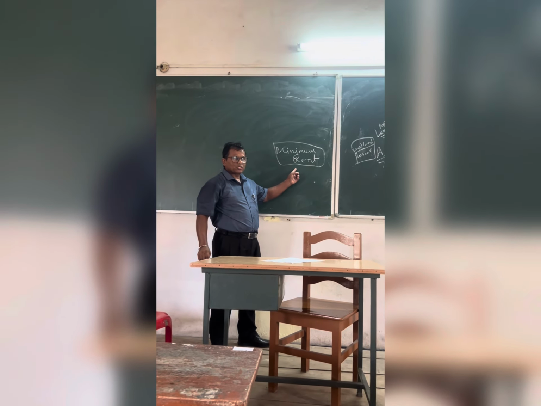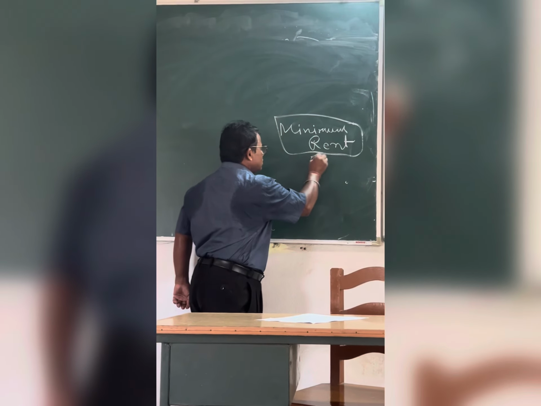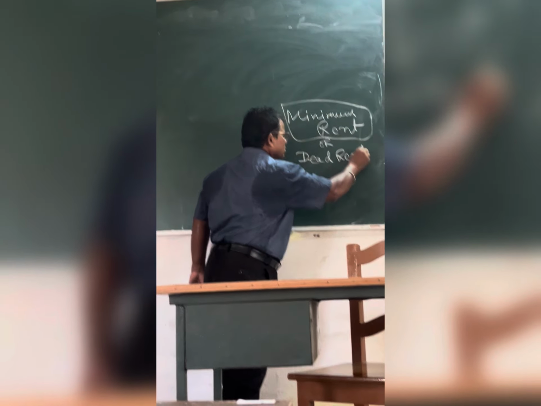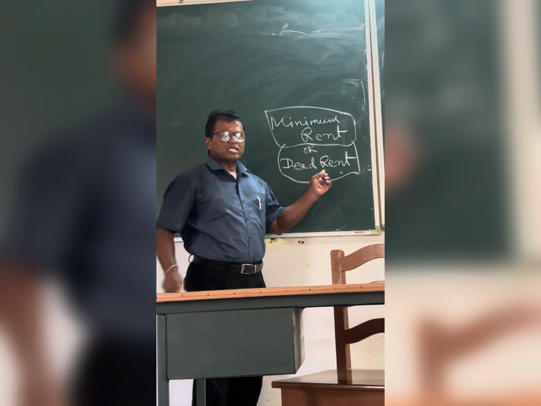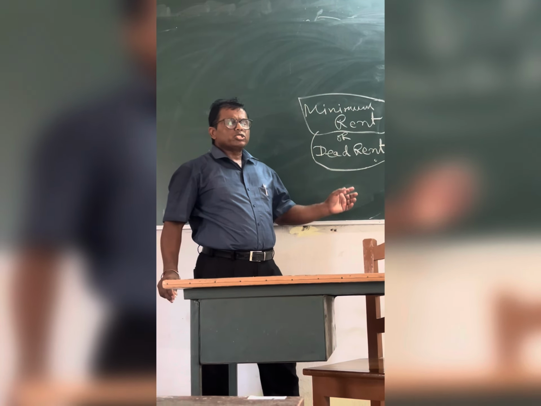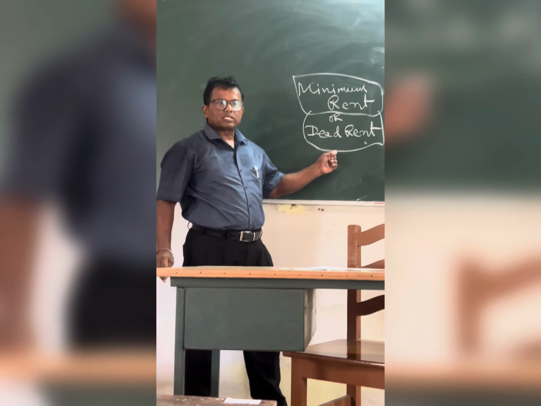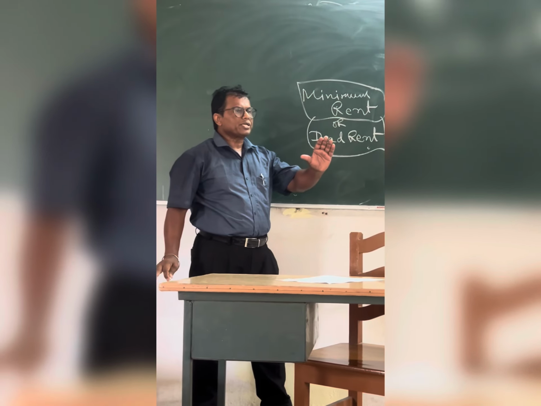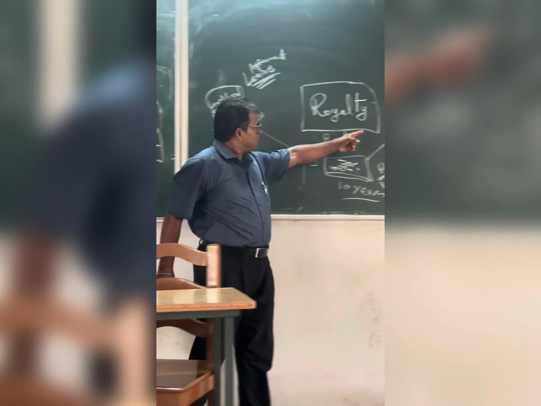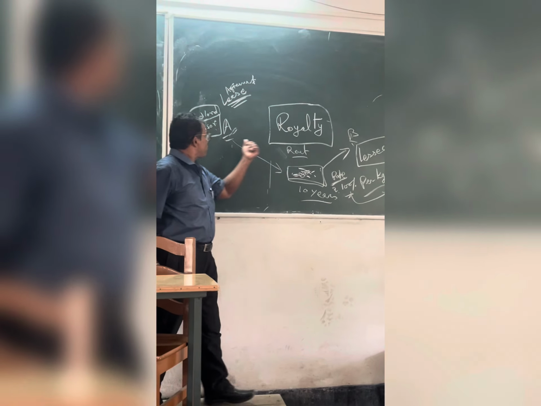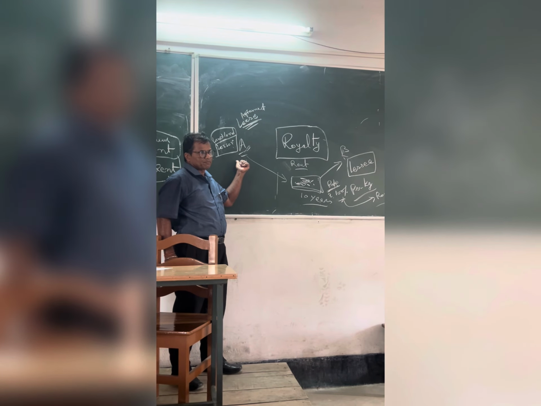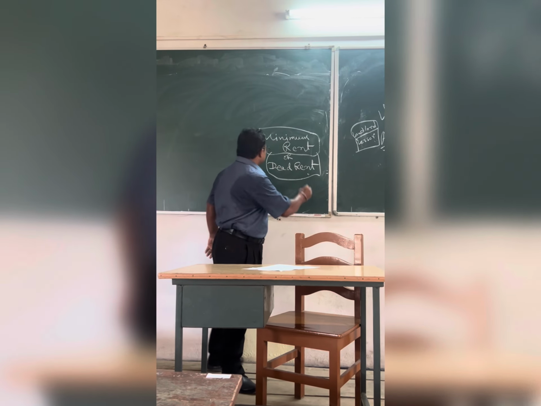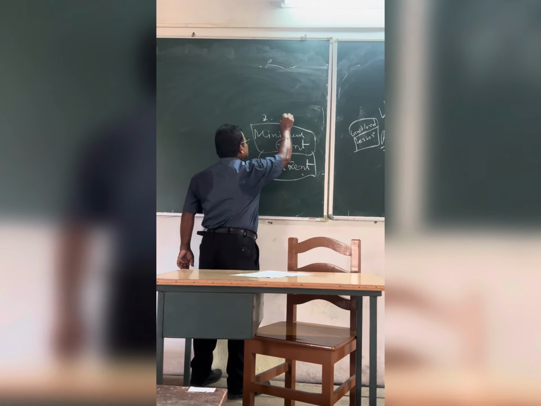Royalty is an amount which is also known as dead rent. So what is dead rent? Suppose in a particular month or year there is no production. Then in the agreement the lessee will have to pay a minimum amount to him so that he can maintain his expenses.